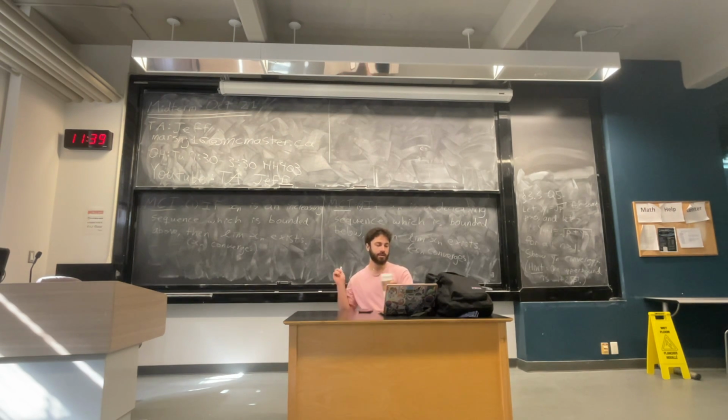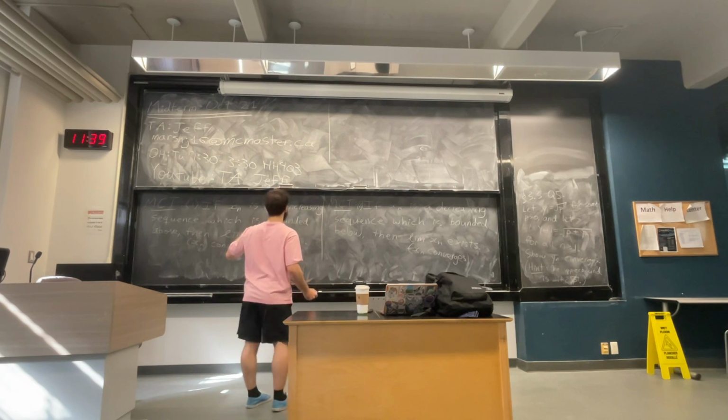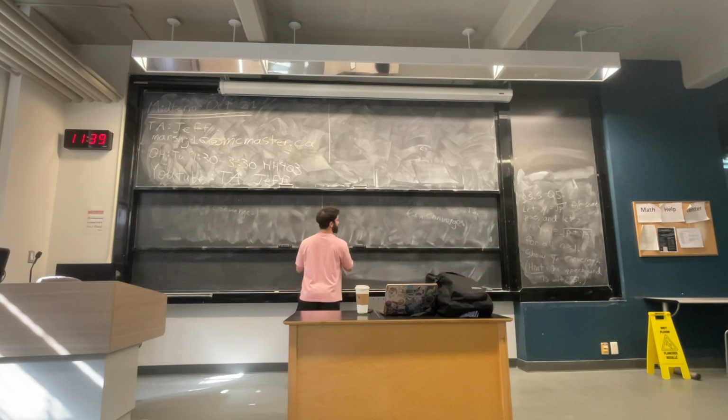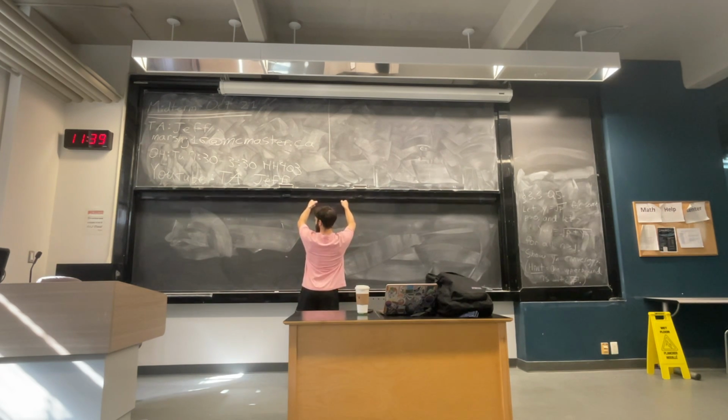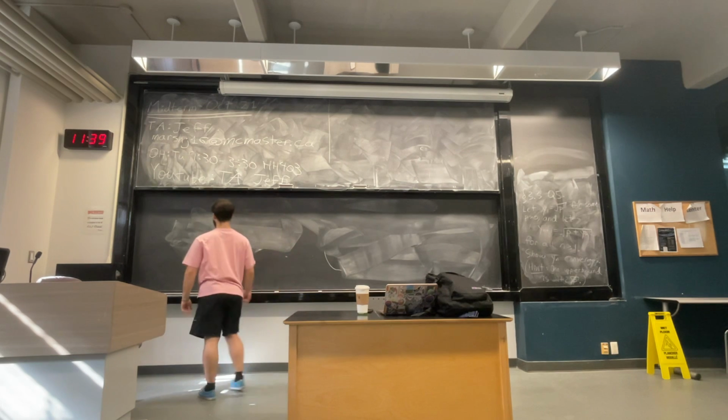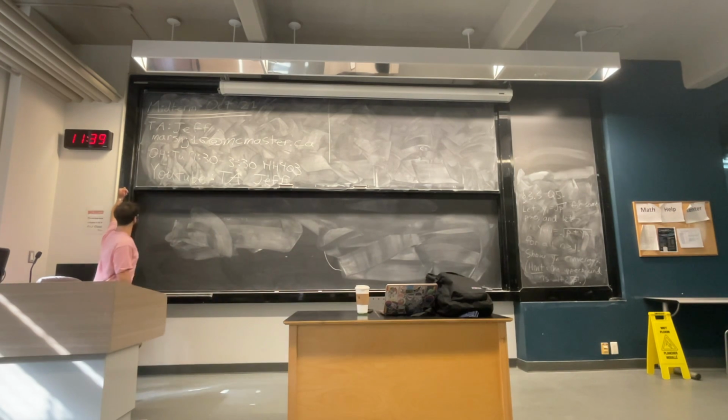Okay, let's do this. So like I said, these kinds of questions follow a very, very standard procedure. So when you have a recursively defined sequence, we're going to write this. So this is what you're going to want to do.